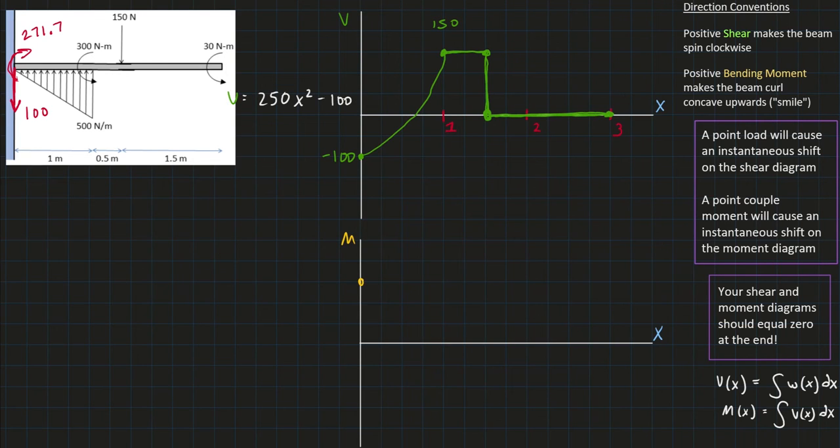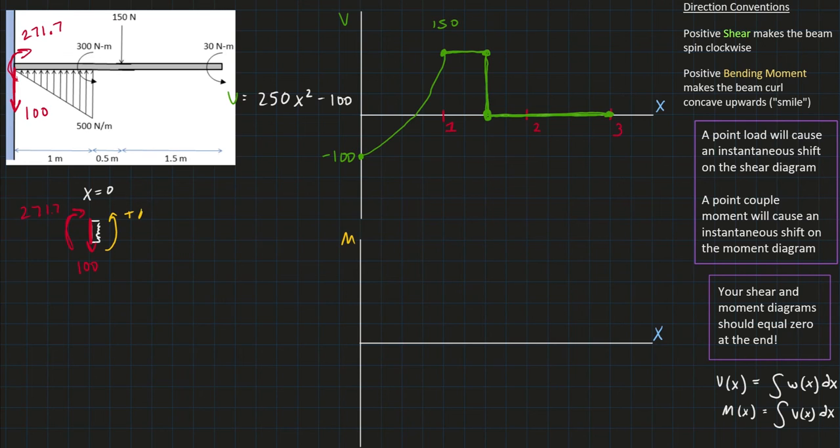So now for the moment, I need some sort of initial point. So I'll think about that very first cut at x equal to 0. I'll have the 271.7 and that downwards 100.